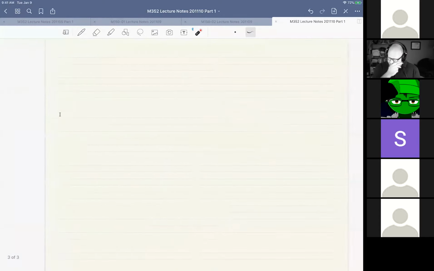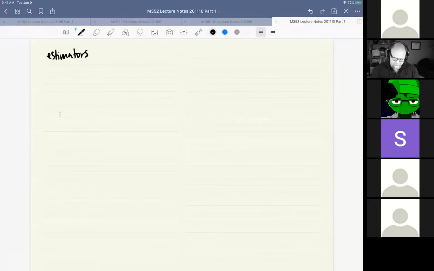So what's happening there, let me see if I can piece this out for you. So we have the topic of estimators. And if you have a definition of some estimator for a parameter theta, then you can compare them using their mean squared error.